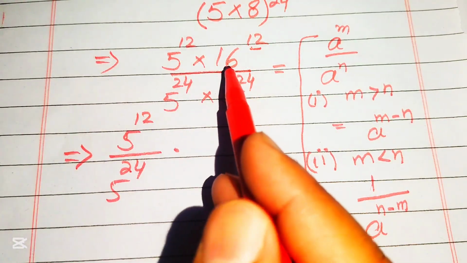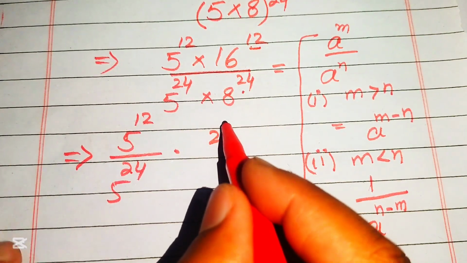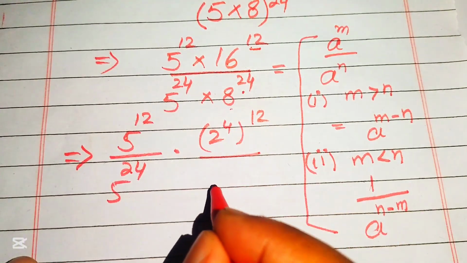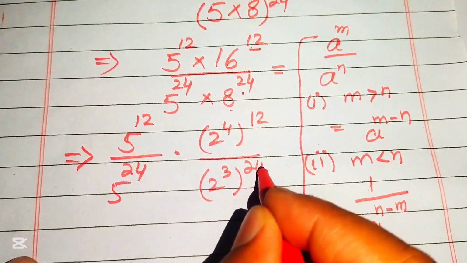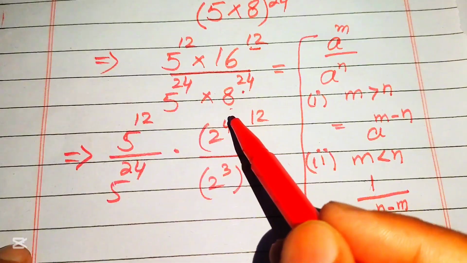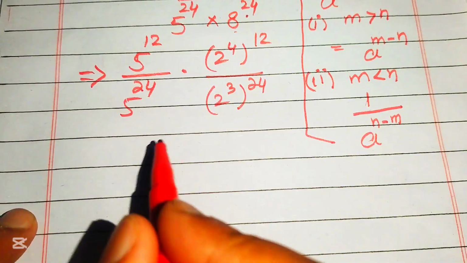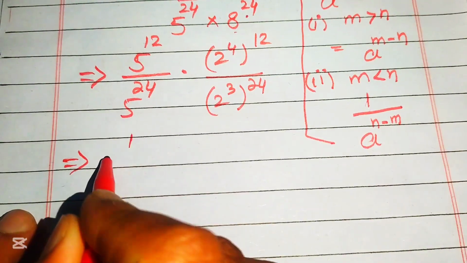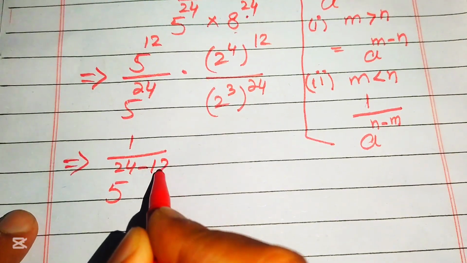Now we write this 16 as 2 to the power of 4, and its whole exponent is 12, divided by, we write this 8 as 2 cubed, and its whole exponent is 24. So first we make these two terms have the same base, and after that we apply this exponent law. Now this 12 is subtracted from 24, and it will be written as 1 over 5 to the power of 24 minus 12.